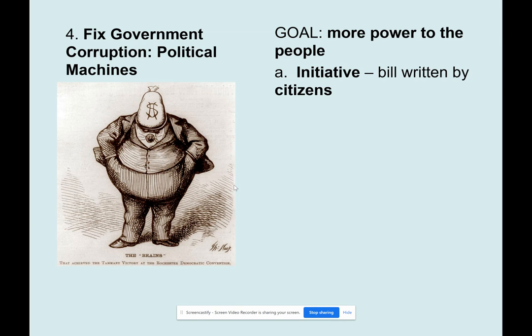One is called an initiative, and that is where the bill is actually written by citizens. Okay, so if you see on your ballot it says Prop 19 initiative, that means average people wrote this law and put it in there for you to vote on it. Really anybody can write a law if they get enough signatures, and then that will go onto the ballot and everybody votes.